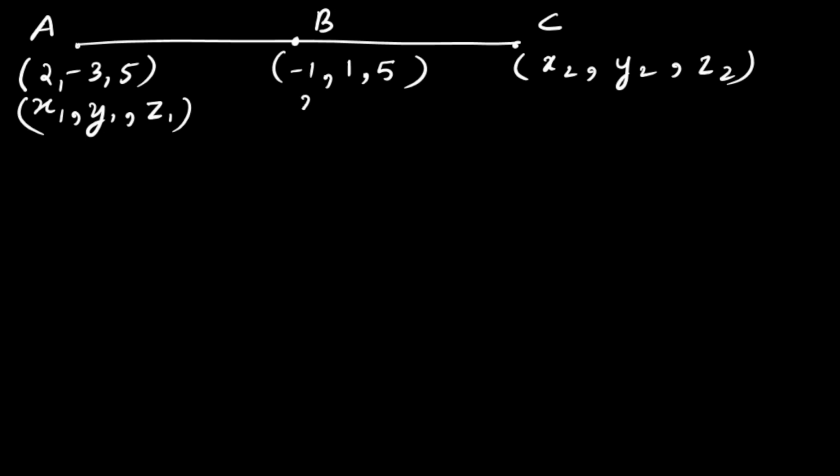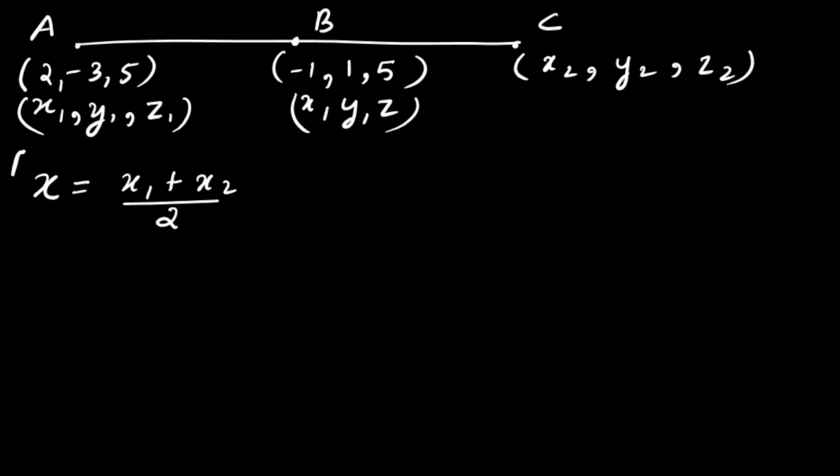And B's coordinates we can write as x, y, z, because B is the midpoint of AC. In this line segment AC, B is the midpoint and we have to find the coordinates of C. So we will use the midpoint formula.